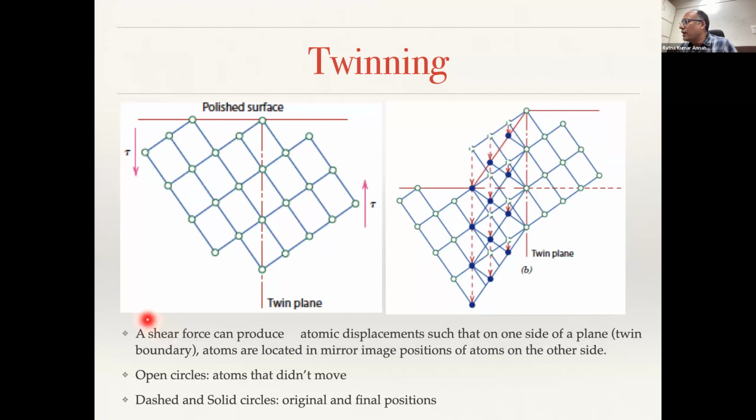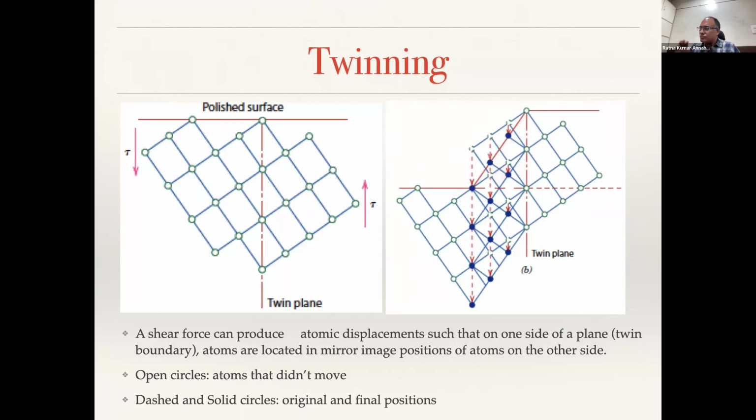So you can actually have a shear force that can produce atom displacement such that on one side of a plane, that is what we call the twin boundary or twin plane, atoms are located in mirror image positions of atoms on the other side. Right? So you can see here, the atoms described by open circles have not moved, but the ones with dashed lines or solid circles have actually moved from that position to this position, so as to have a specific arrangement of atoms wherein about that plane, these atoms will have mirror images.